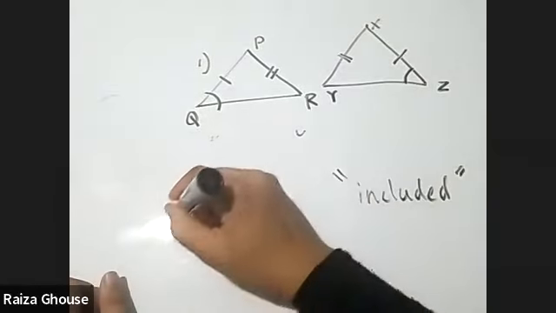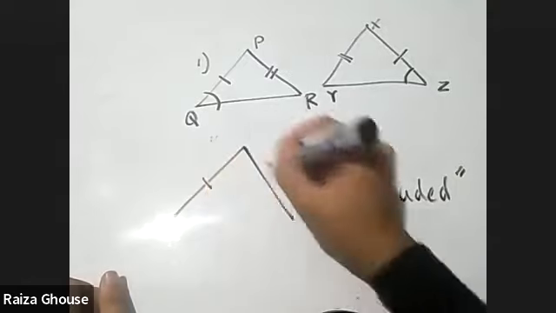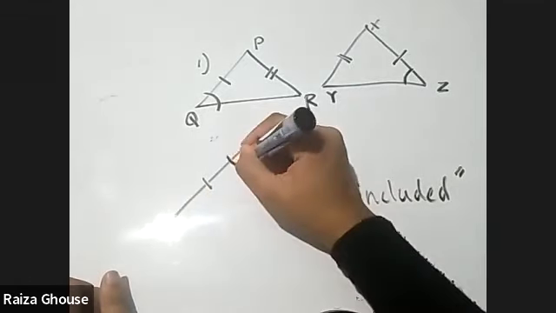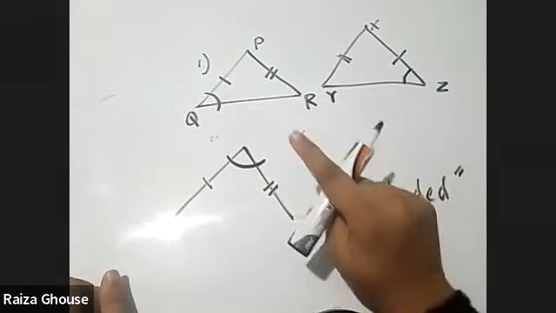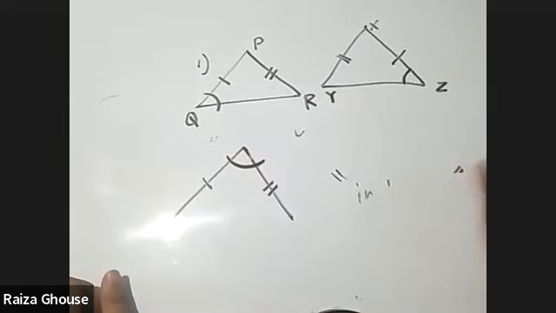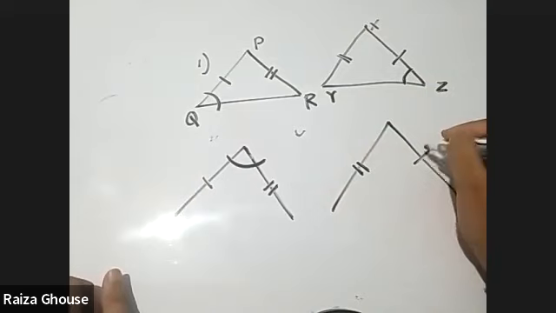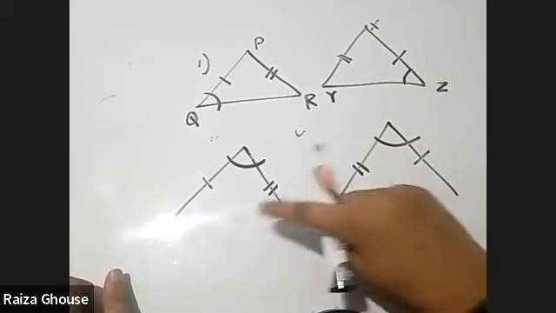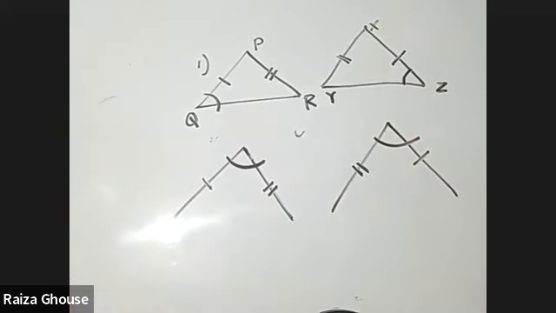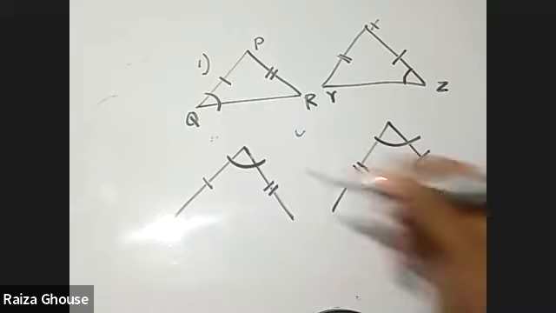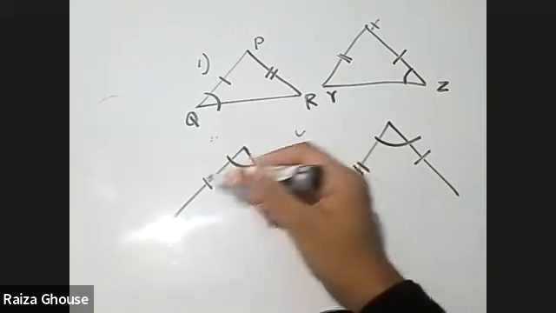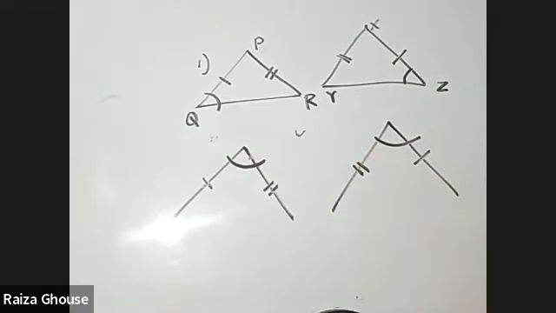That means, children, these two sides, this side and this side, and the included angle. If they have given you this included angle, and also in this triangle they have given you this included angle, then these two triangles are congruent. Why? That angle is included between the equal sides.